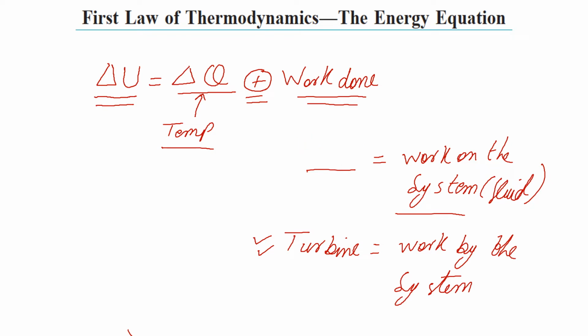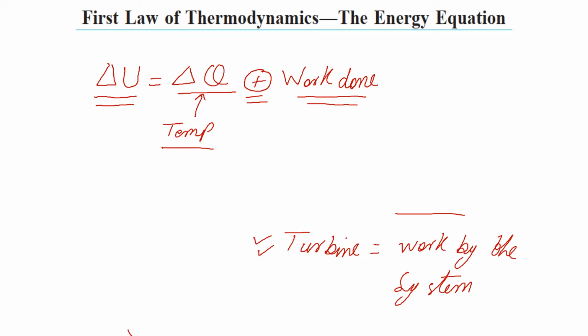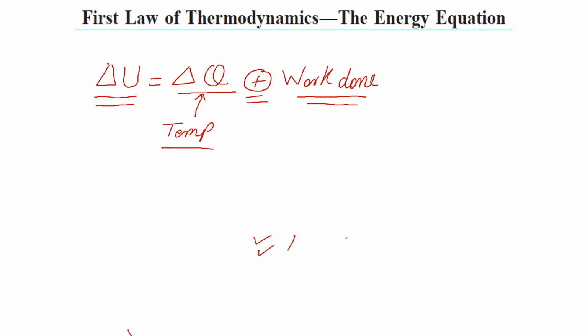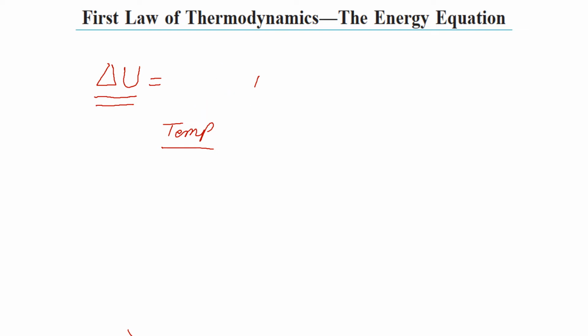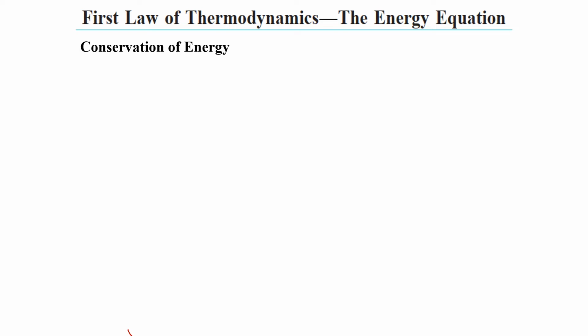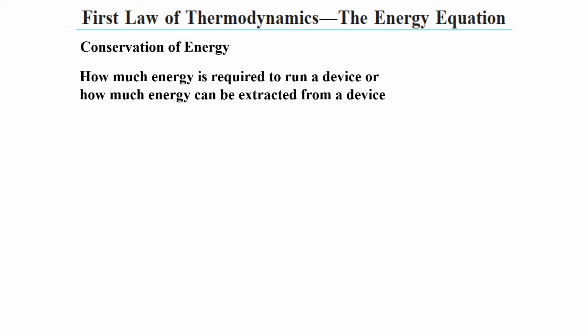Now let's move on to our Reynolds transport theorem, and see how we are going to utilize this conservation of energy in it, and how we can use it to determine how much energy we need or how much energy we can create. The first law of thermodynamics again deals with the conservation of energy, and we have written an equation for it and saw what the different terms mean.